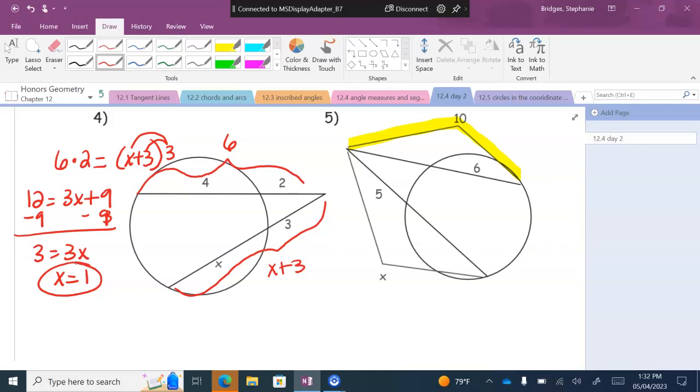That's not a tangent. Is that right? Yes. There is no tangent in this picture.